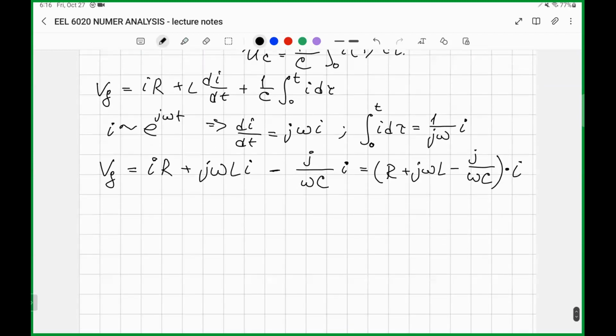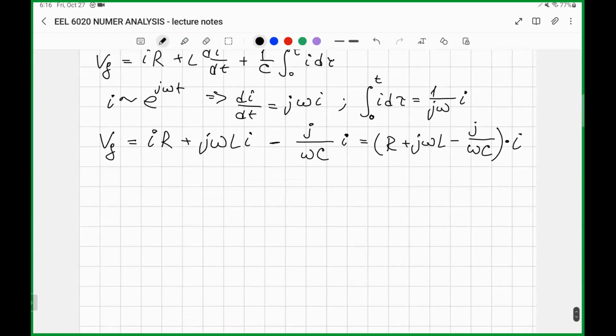Again, the ratio of the voltage over current is equal to some sort of impedance, right? So voltage over the current, in our case, is equal to R plus jωL minus j/(ωC). And I also want to factorize this imaginary unit like this.